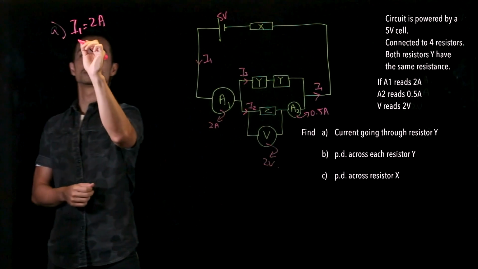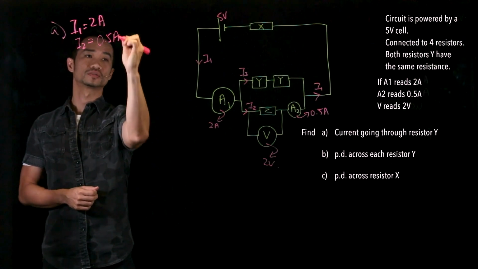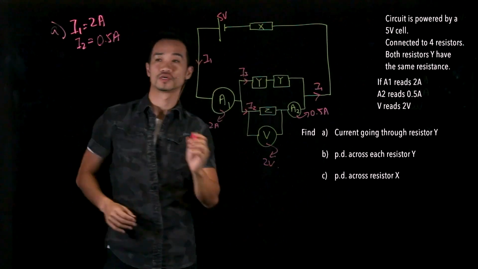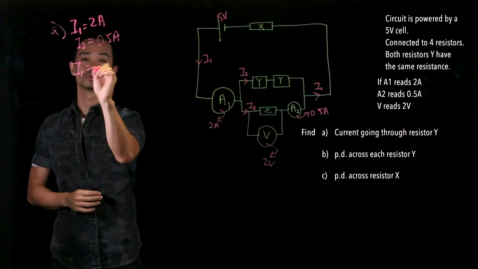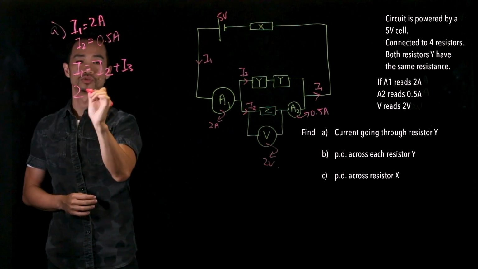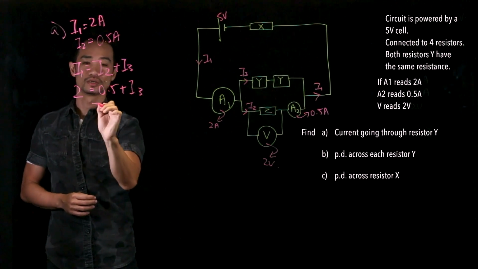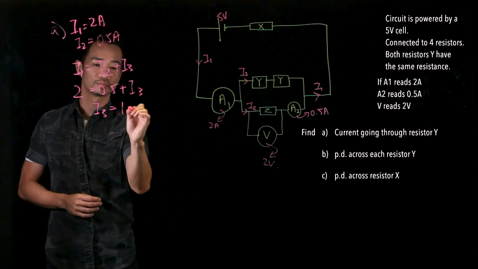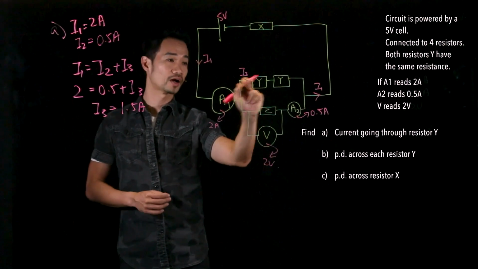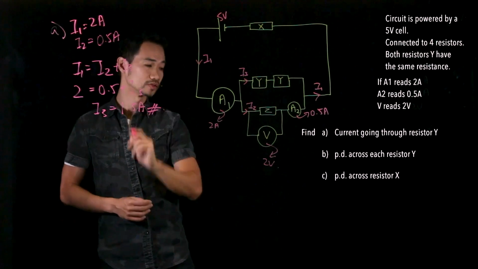So I2 is 0.5 amperes. And we know how current behaves in a parallel connection: I1 is equal to I2 plus I3. So if I1 is 2, 2 equals 0.5 plus I3. I3 is equal to 1.5 amperes. So this is 1.5 amperes, which is the current that is flowing through Y. So that is your first answer.